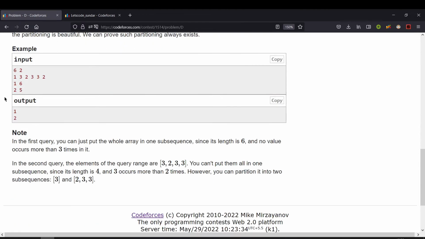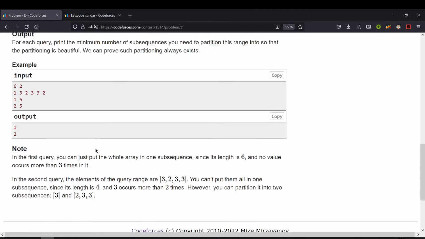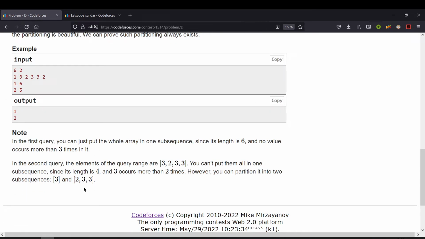Okay, so 1 to 6. Firstly, you can just put the whole array in one subsequence, since its length is 6 and no value occurs more than 3 times in it. Now for 2 to 5, the range is this one. You can't put them all in one subsequence since its length is 4 and 3 occurs more than 2 times.